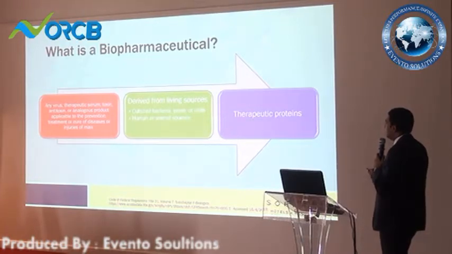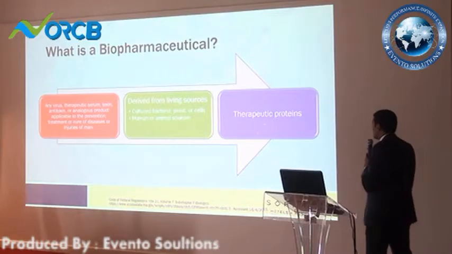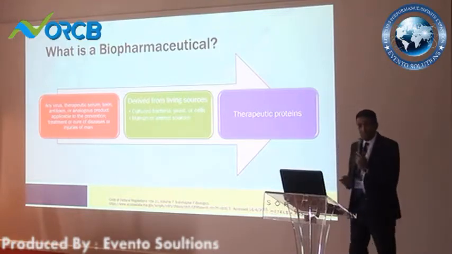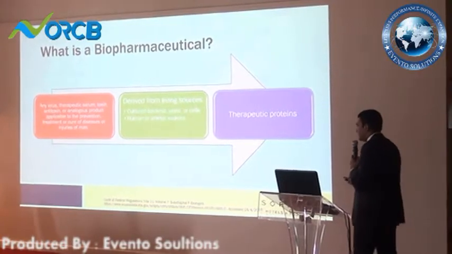This must be a living source, such as prokaryotes, as cultured bacteria, or eukaryotes, like yeast, virus cell, or cultivated cell lines, or from the human directly, or the animal sources, to be intended for a therapeutic option as a therapeutic protein. But this is not absolutely true. Not all the biopharmaceuticals are proteins. They may be derived from carbohydrates, as we will see.